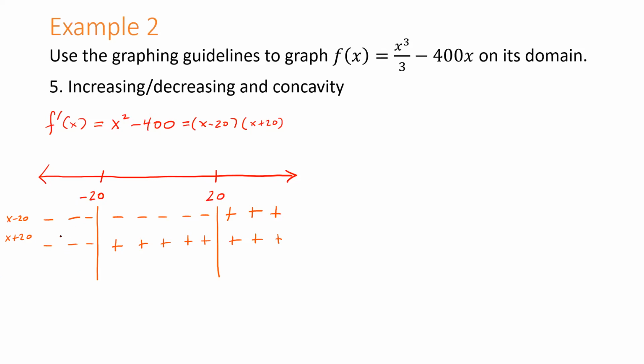So putting those together, it'll be positive on the interval from negative infinity to negative 20. It will be negative here because you have a negative and a positive, so negative on the interval from negative 20 to 20. And then positive on the interval from 20 to infinity.